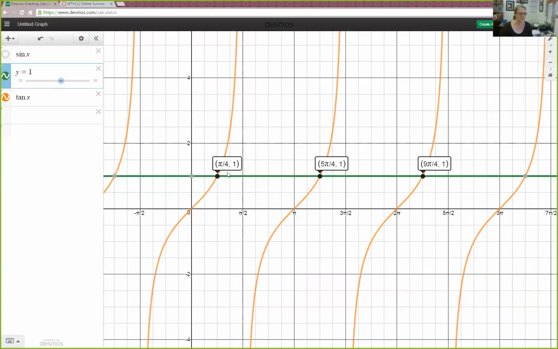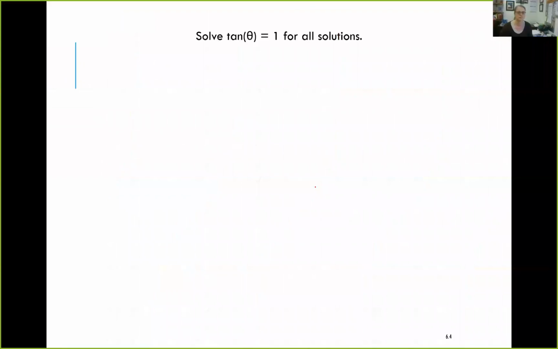In other words, it's pi over 4 plus k pi. So this is theta equals pi over 4 plus k pi, every place where tangent is 1. Okay.